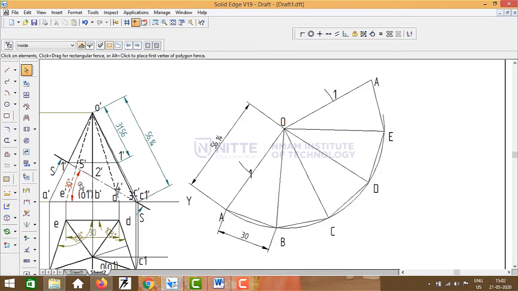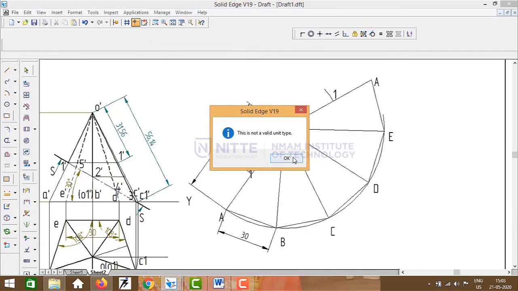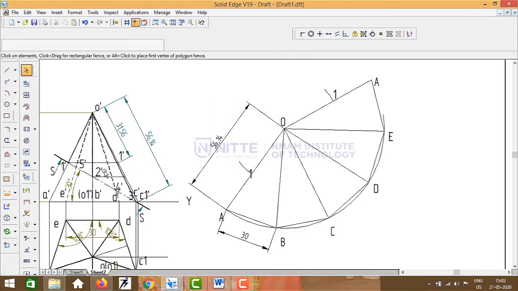Next on OB, it is cutting at point 2 dash. So project this 2 dash construction line up to the true length of the slant edge, that is O dash C1 dash. So this will be the next 2 dash.